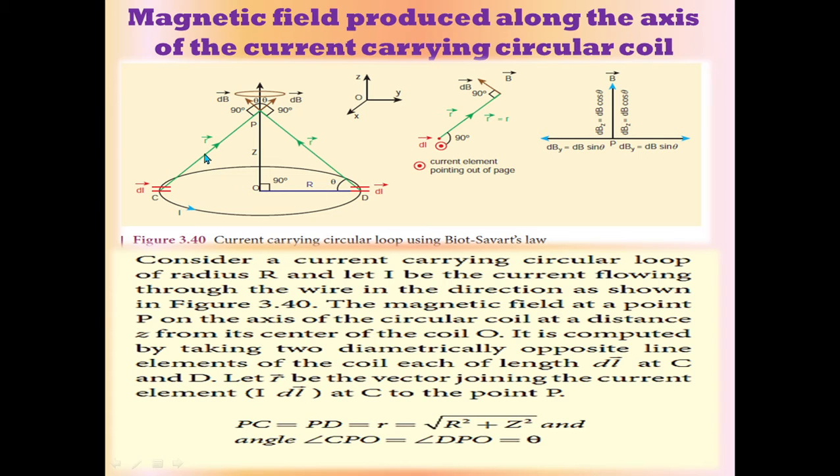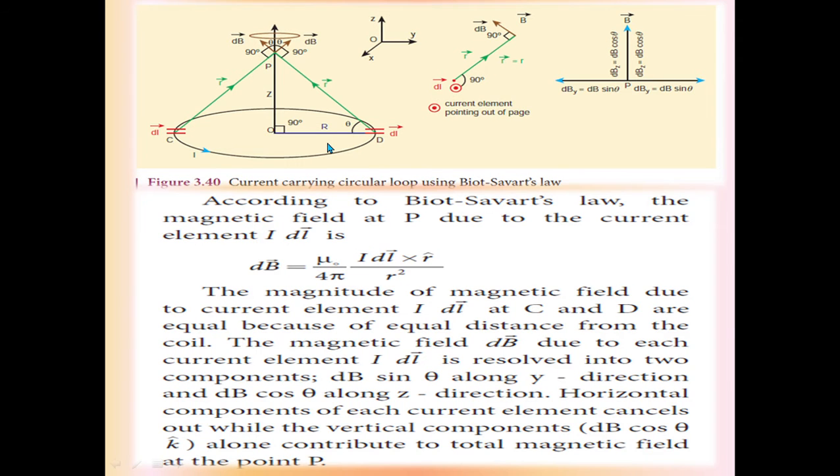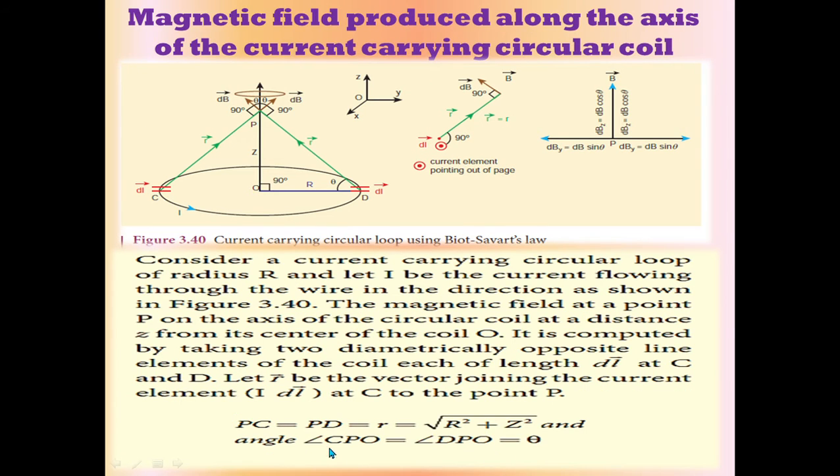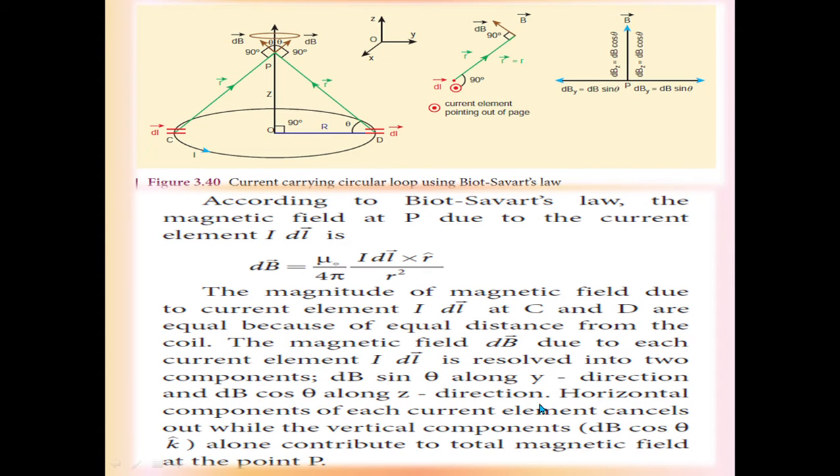So that is why PC is equal to PD is equal to r, and r is root of R square plus Z square. And the angle COP is equal to angle DOP, which is theta.